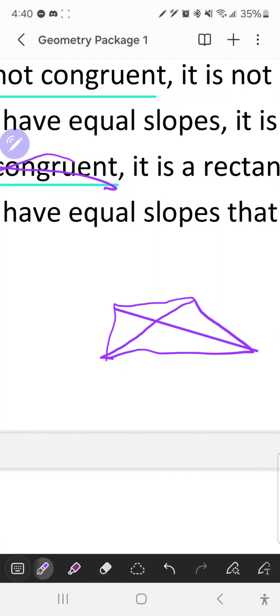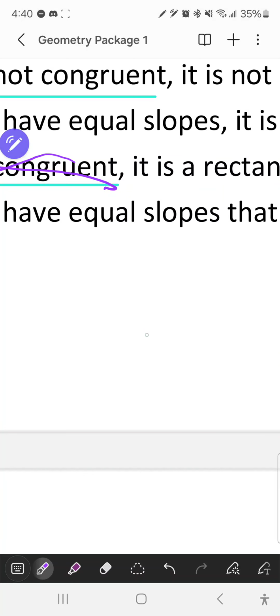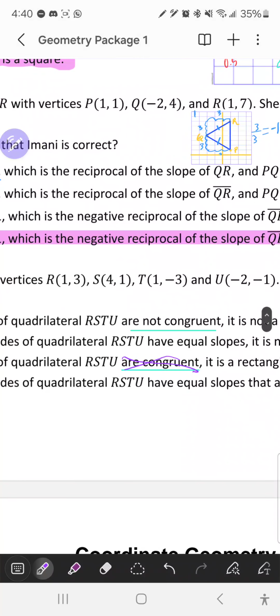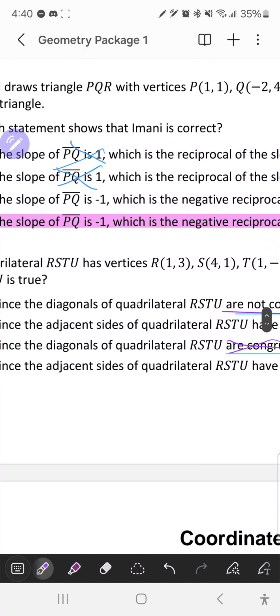It is not a rectangle. So we cannot establish from this single property that it is not a rectangle, so this is out.